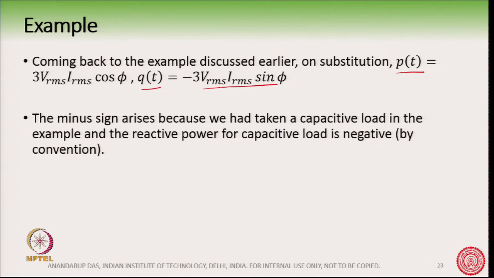The minus sign is coming because we have taken a capacitive load, and we know that a capacitive load gives positive reactive power, so by our convention the minus sign appears. But for a balanced load at steady state, Qt is exactly equal to Q, the conventional definition of power for a balanced case.